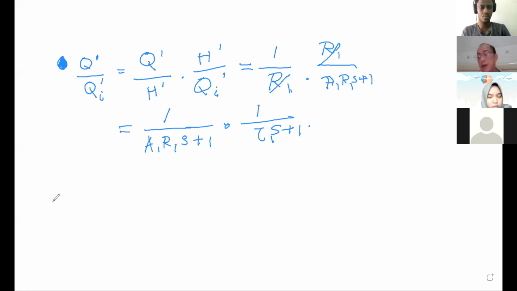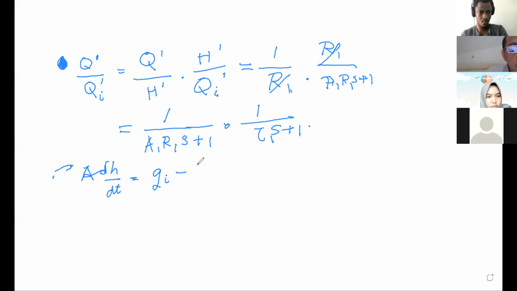Once again, A dH/dt is equal to Qi minus Cv square root of H, right?